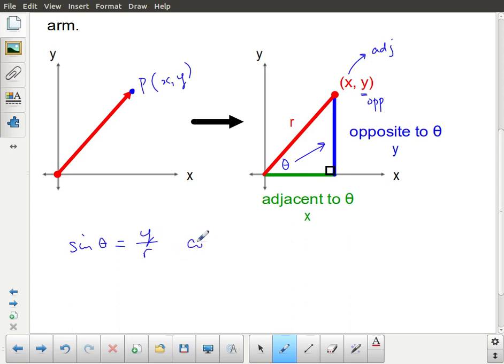The cosine of theta is equal to the adjacent divided by the hypotenuse, and that's going to be x divided by r. And the tangent of theta is going to be the opposite over adjacent, but that's the y coordinate divided by the x coordinate.